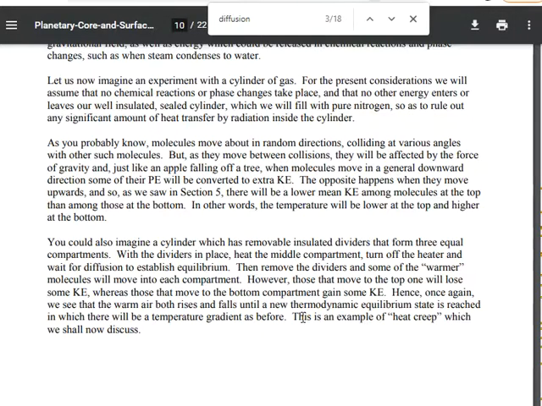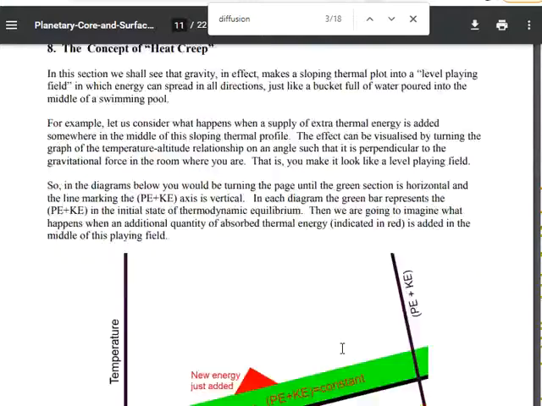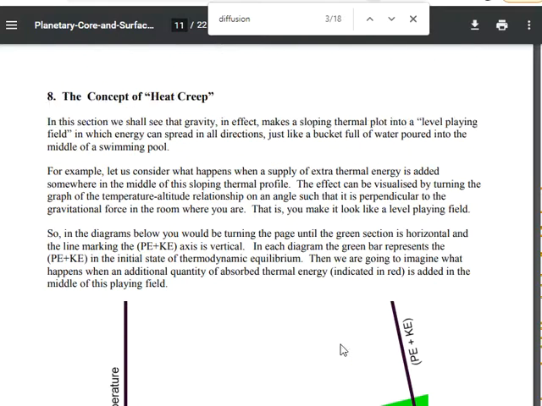Oh, but that brings us to the end of section 7, and we're on into section 8, the concept of heat creep. "In this section, we will see that gravity, in effect, makes a sloping thermal plot into a level playing field in which energy can spread in all directions like a bucket full of water poured into the middle of a swimming pool.